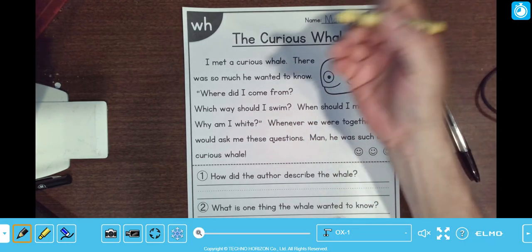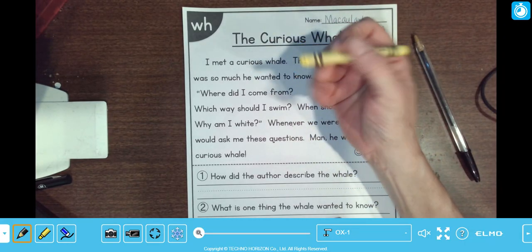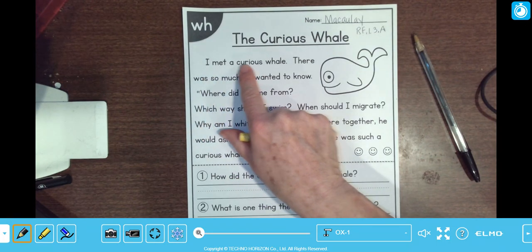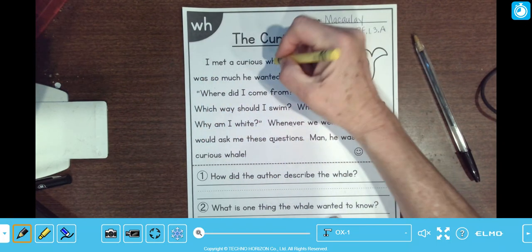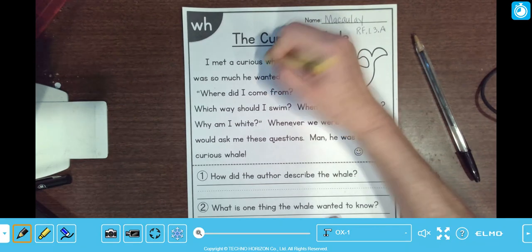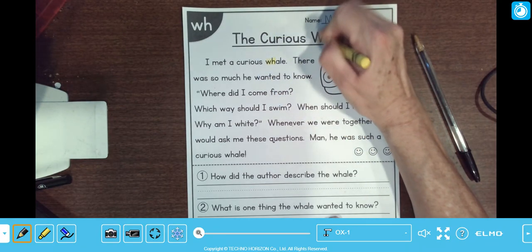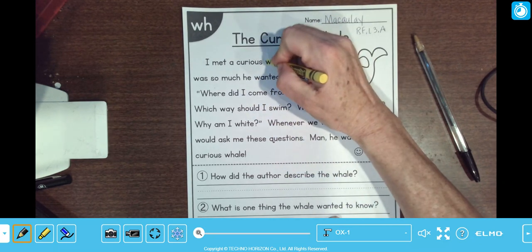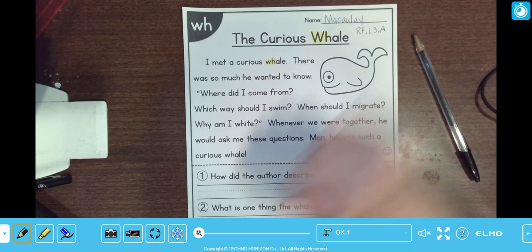So the first thing we've got to do is color in all the WHs that we find together, the digraph WH. There's one right there, whale. I'm going to color in the big one up here too. You don't need to color in the whole word, just the WH, so you know it has the W sound.